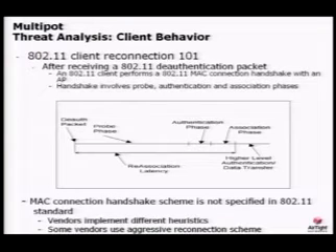Finally it binds with that AP through the association phase, and then it is ready for further activities such as the data transfer or a higher level authentication, which is the case in scenarios such as .11i or RSN security networks. The important point to note here is that the MAC connection handshake logic or scheme is not specified in the .11 standard.